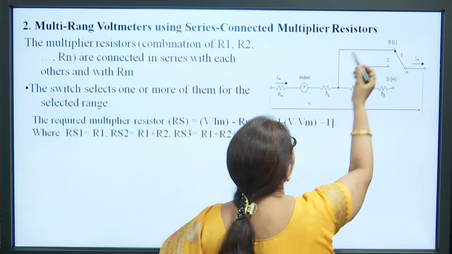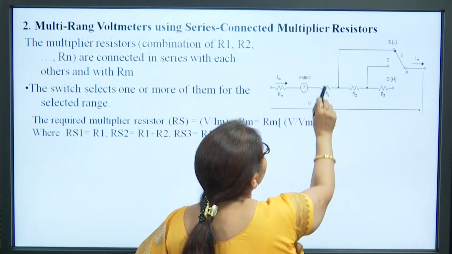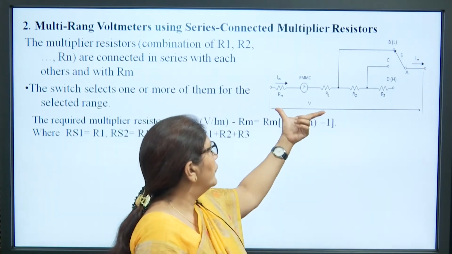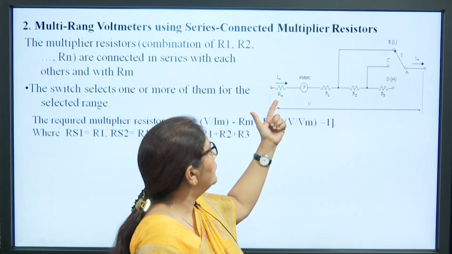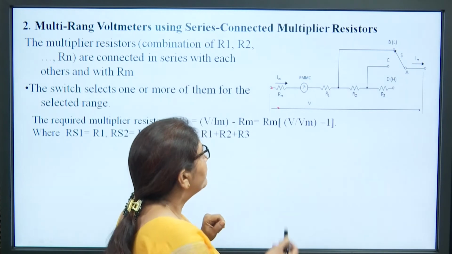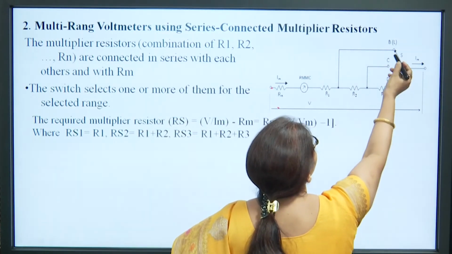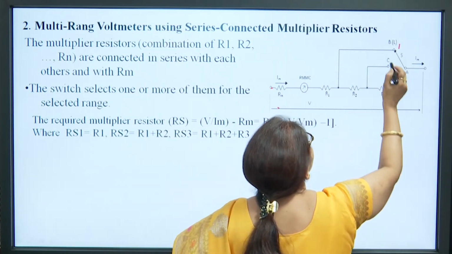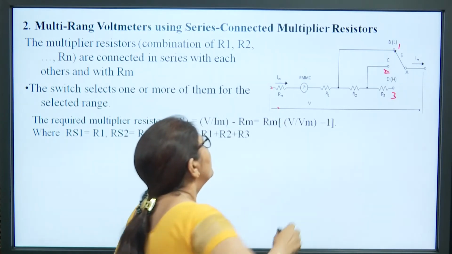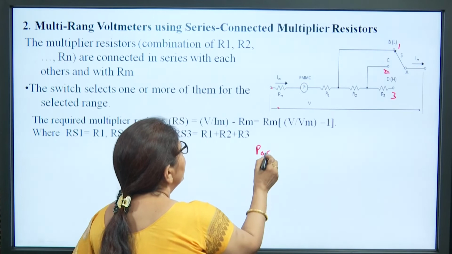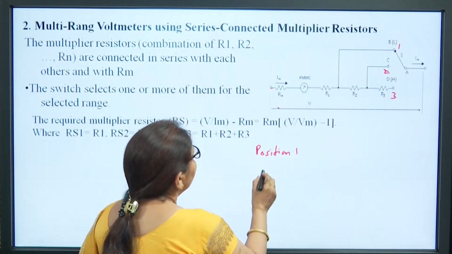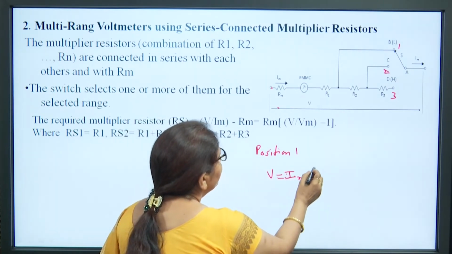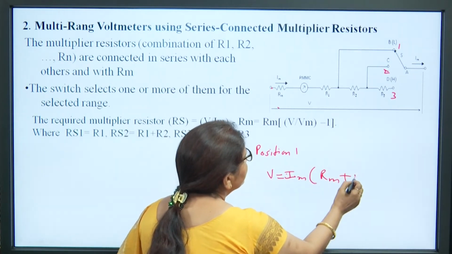When the switch is at position 1, only Rm and R1 are connected in series, so the voltage V1 that we can measure is Im into Rm plus R1 only.